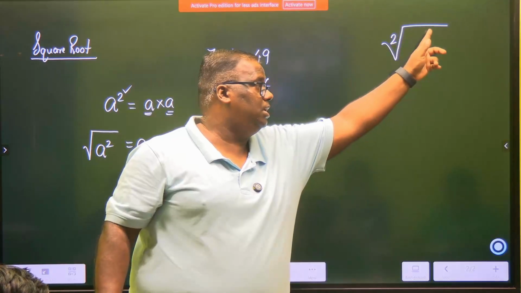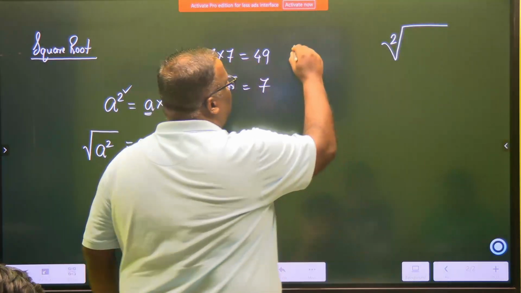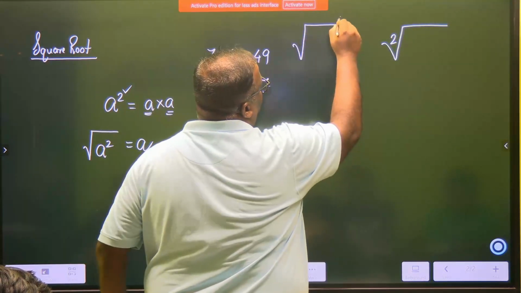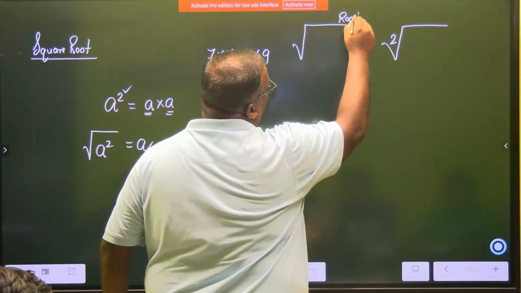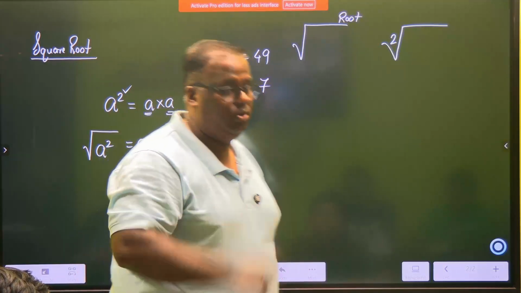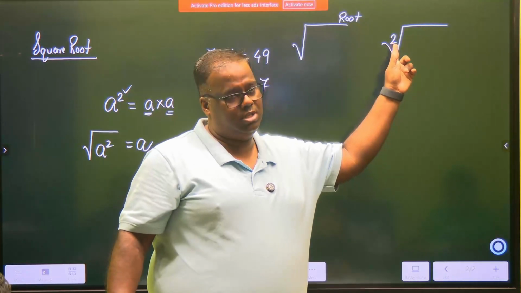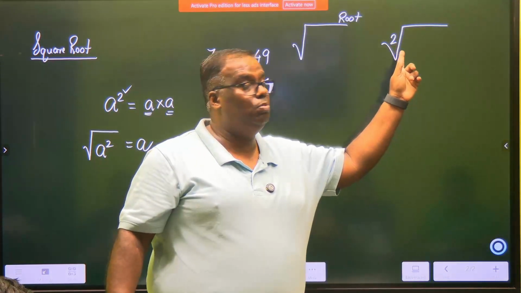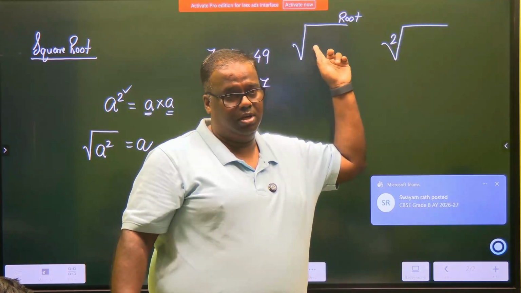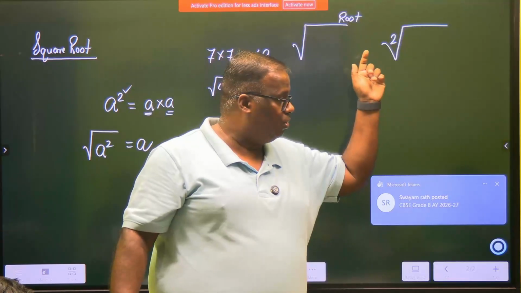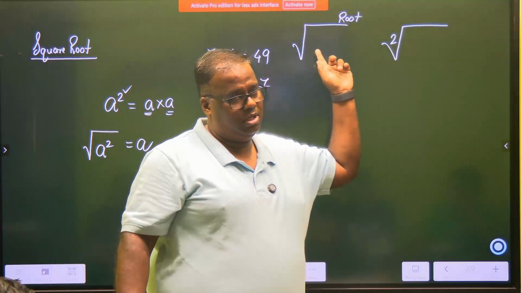This symbol is for root. This is only root. What root are you trying to find out? Square root. Square root means square means 2. Therefore 2 comes here. If you try to find out cube root, then 3 will come here. If you try to find out fourth root, then 4 will come here. Is that correct?